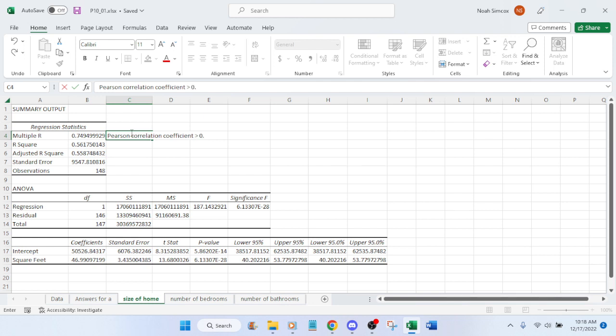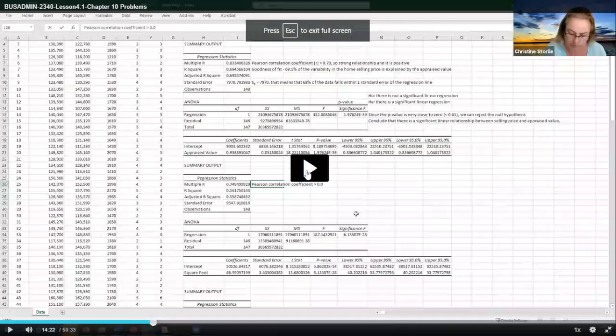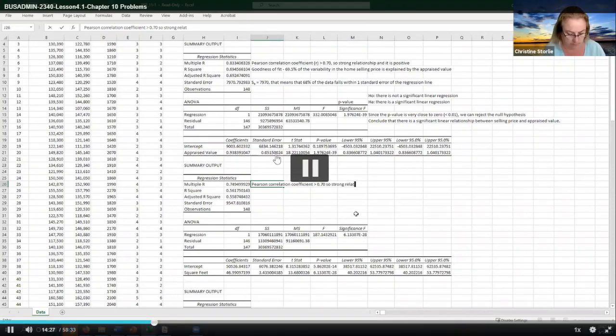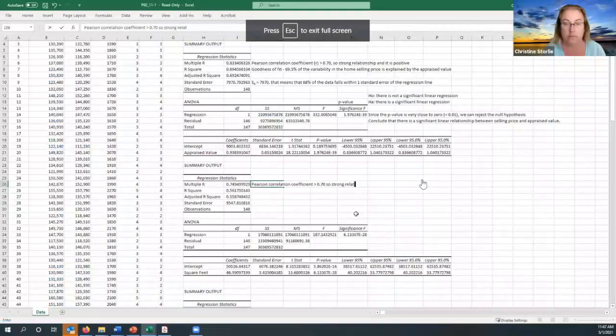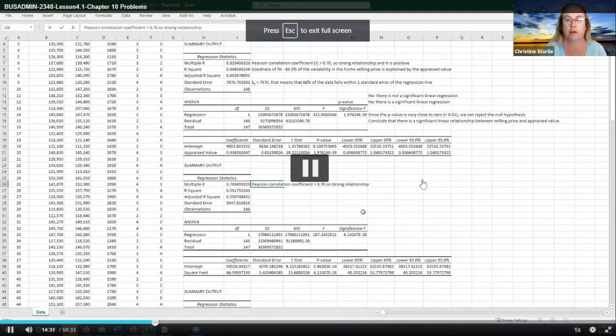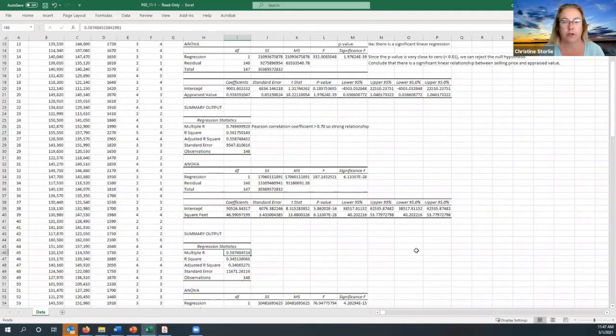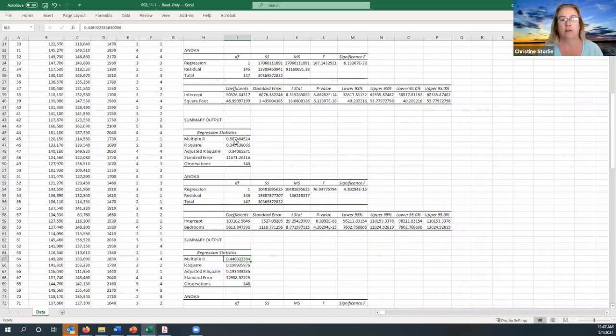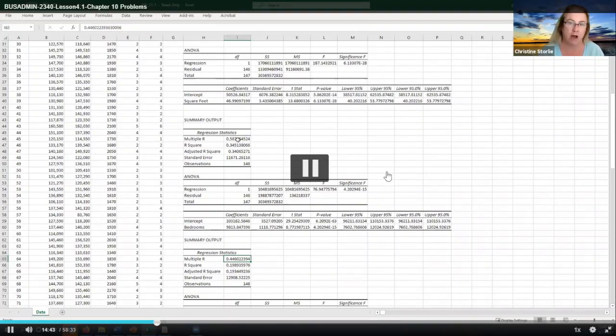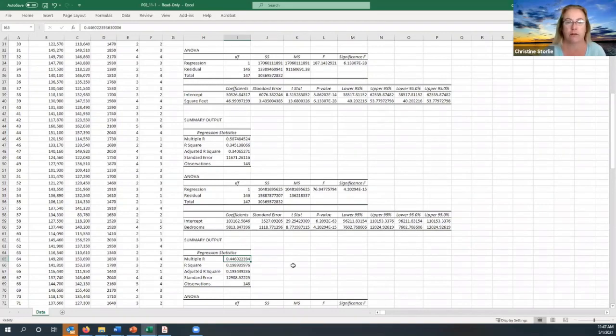So it is a strong relationship. Looking at the next one, the Pearson is down to 0.58, and the third one down to 0.4. So this one is in the upper end of moderate, and this one is definitely moderate.